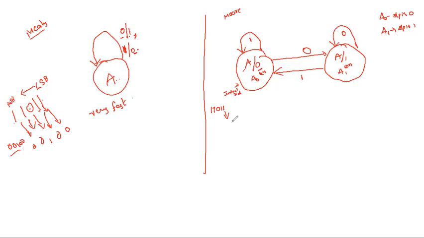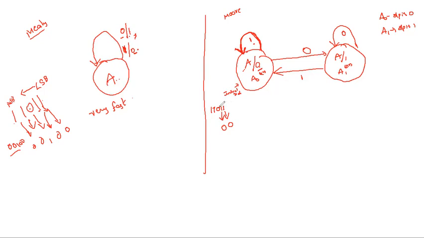Input 1 means output is 0. And where are you staying? You are staying here only. Next input is 1. Output is 0. And you are staying here only.